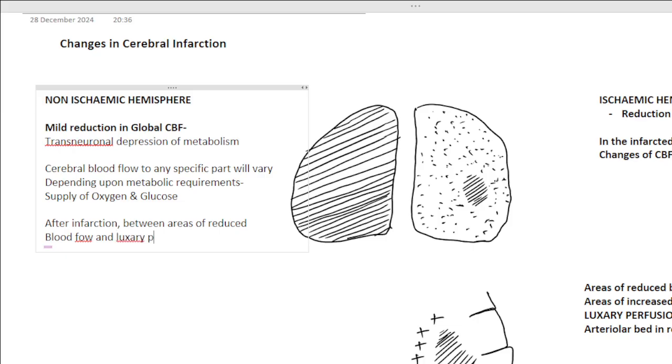This word has to be repeated again. Luxury perfusion. Sorry for the spelling mistake.